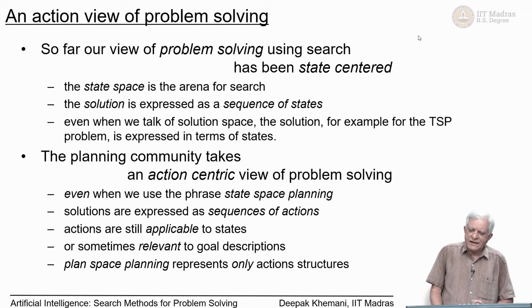So, we will describe a set of operators or actions and we will see under what conditions are they applicable to a given state and also under what conditions is an action relevant to achieving a goal. This will give us the ability to even do what is called goal directed planning.